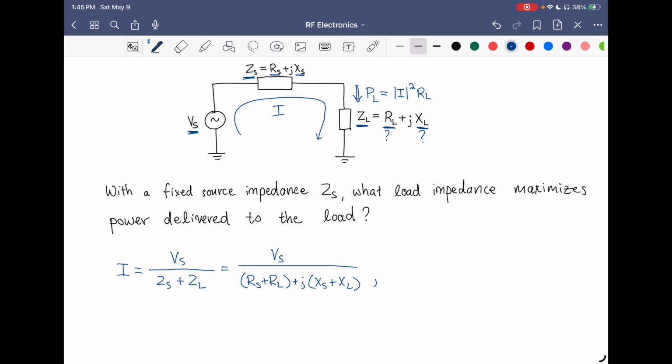Now the quantity squared is going to be equal to the magnitude of the voltage phasor's RMS value squared over the real part squared plus the imaginary part squared.